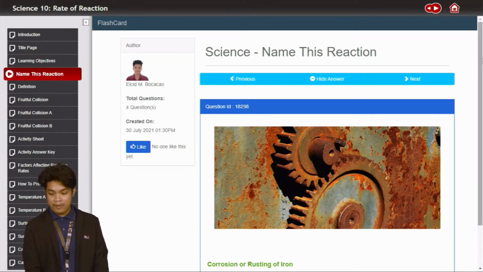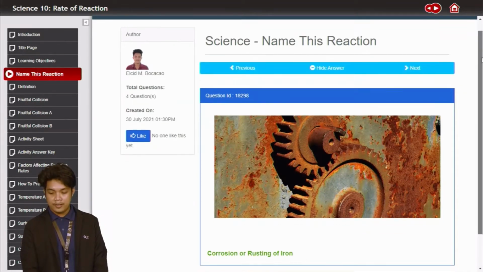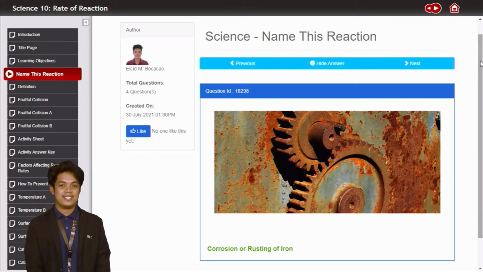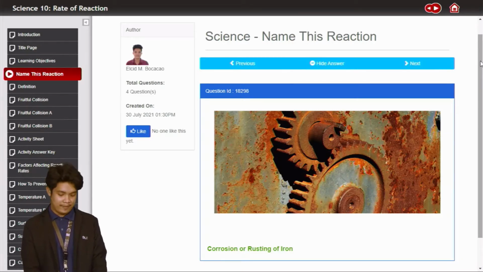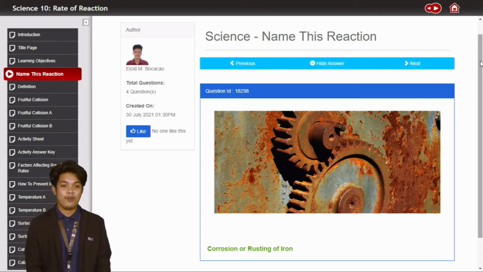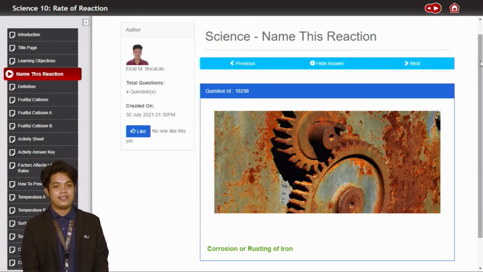Some answered corrosion, some answered rusting of iron. They are both correct. Iron reacts with oxygen and it produces rust, or iron oxide.